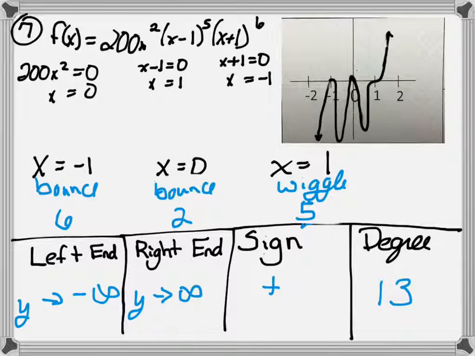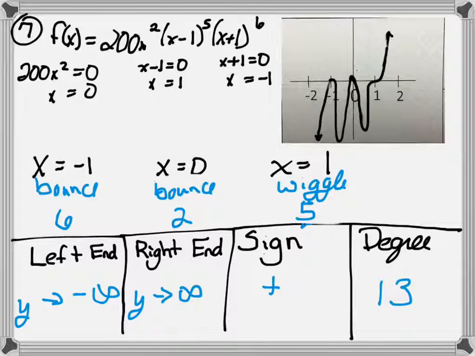Now, we're going to discuss the answers to the sum up sheet. So, whenever the graph bounced, once you go back and look at all your bounces, what did we notice about the exponent on every single bounce? They were all even. So if it bounces, your exponent is even.